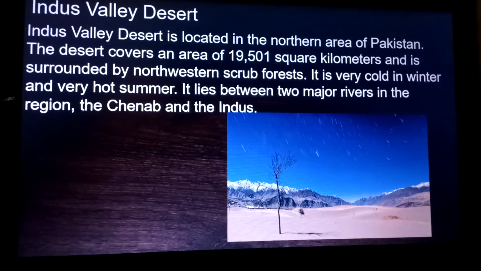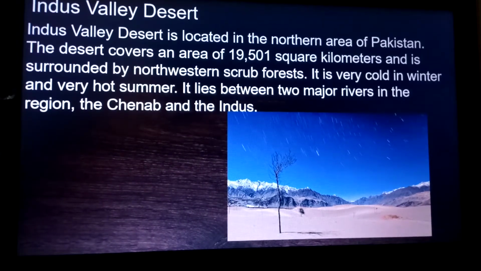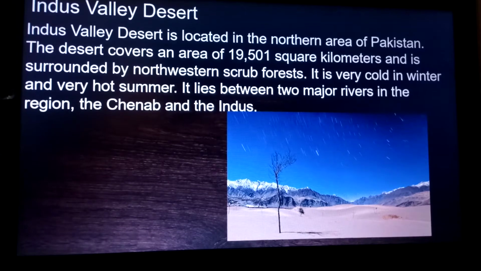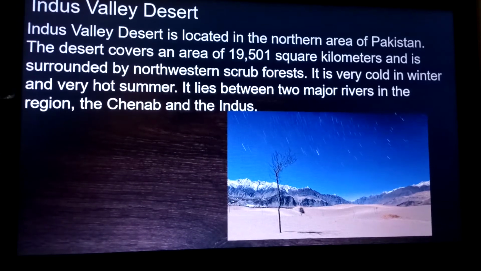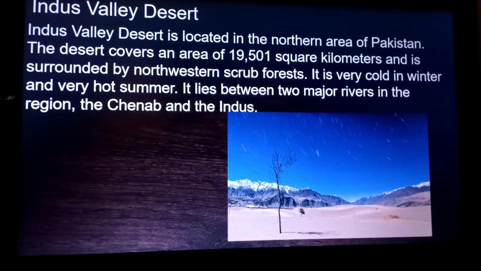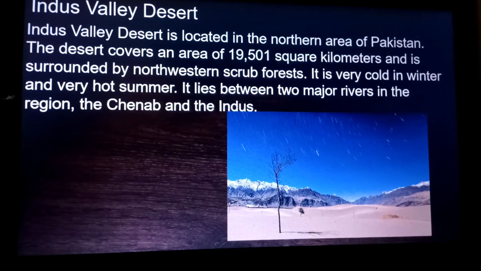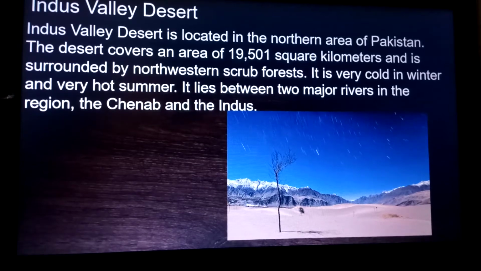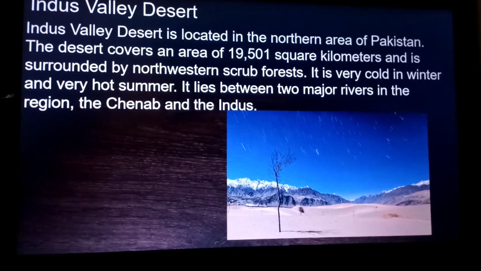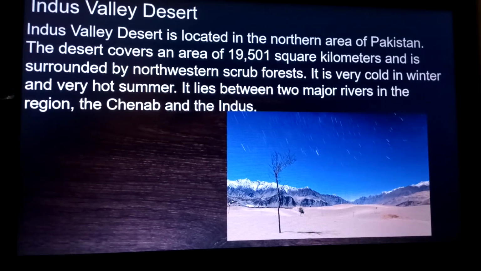The next desert is the Indus Valley Desert. It is located in the mountainous area, in the northern area of Pakistan. It is surrounded by scrub forest. It is very cold in winter and very hot in summer. The vegetation in this forest is very useful in medicines.